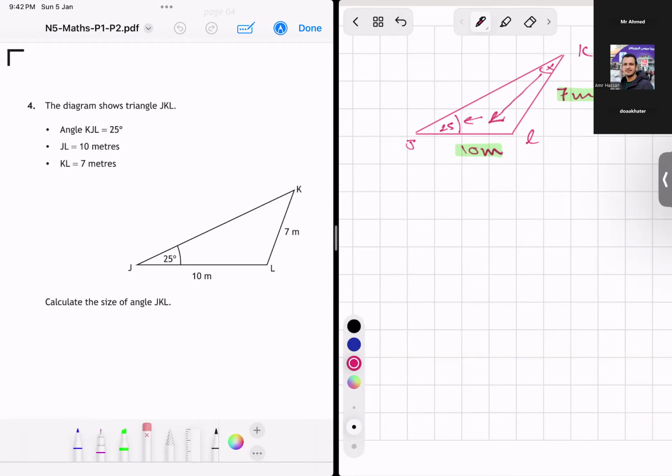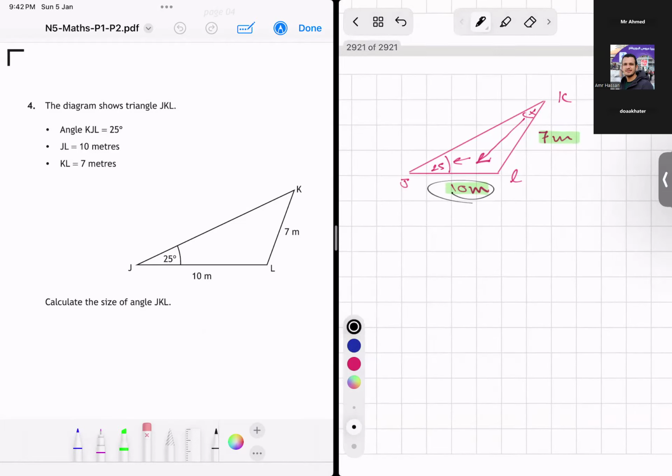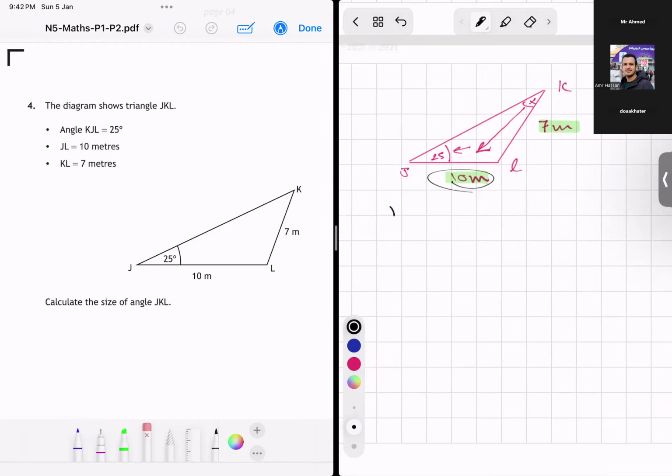What is the opposite side? 10, right? So 10 divided by sine x, right? Which equals the side divided by sine 25. You get it? No. Okay, do it again.